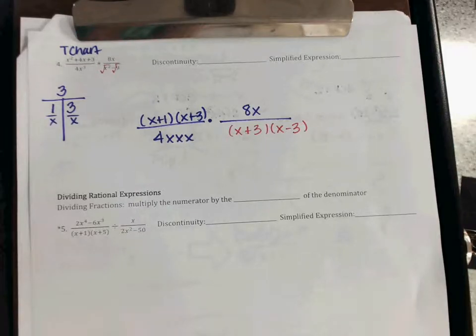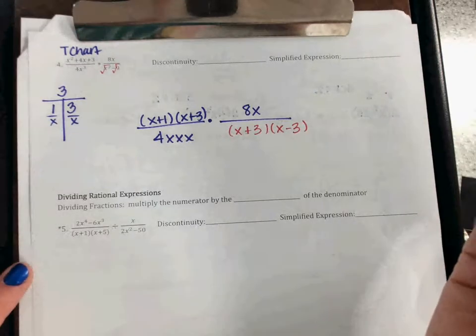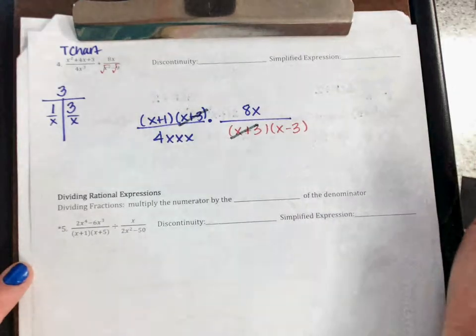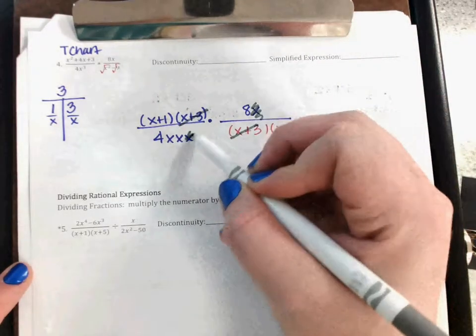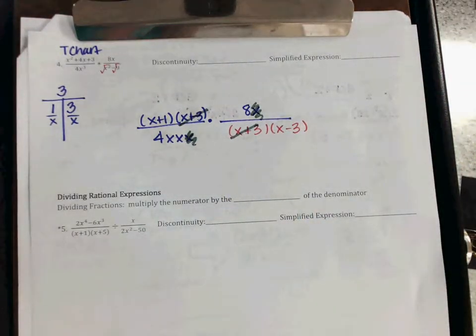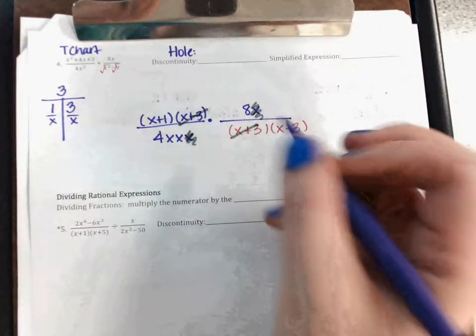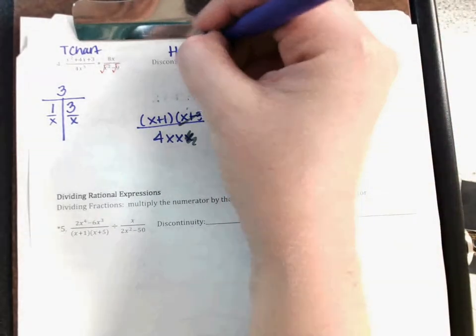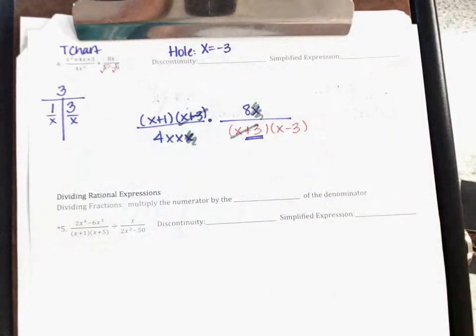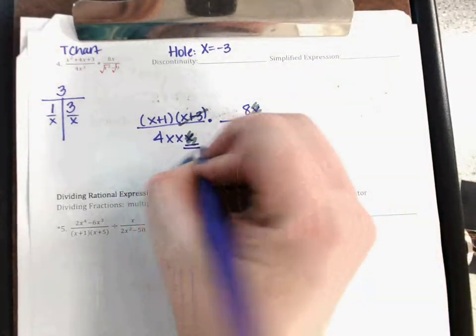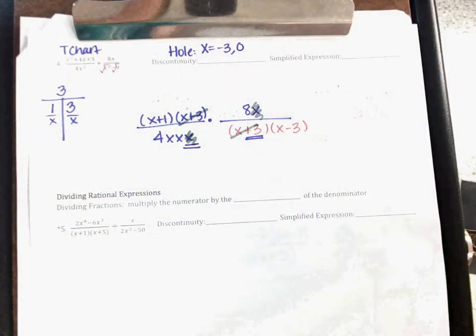What's going to cross out here? Plus 3's and one of each of the x's can cross out. So then I would write, I'm going to have holes in the graph. If it was a plus 3 that crossed out, the hole will occur at minus 3. And if it was an x by itself, then it would be a 0.